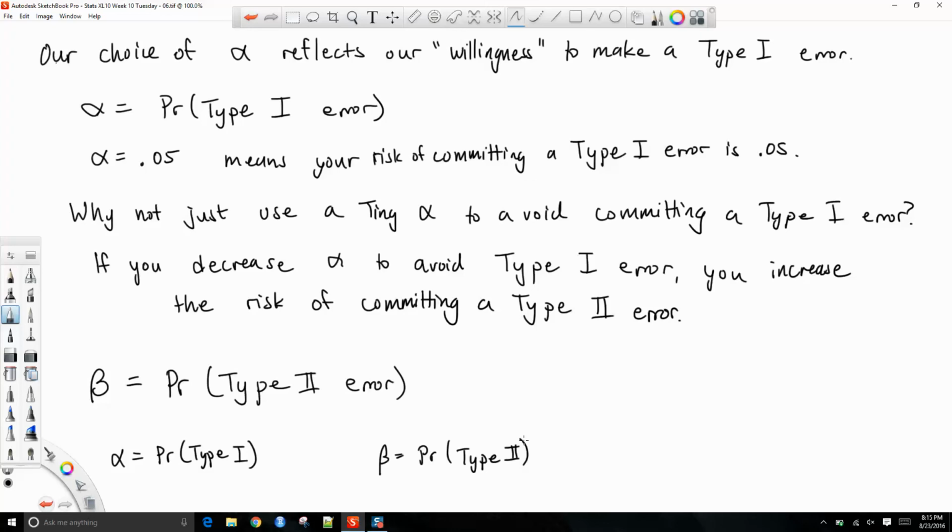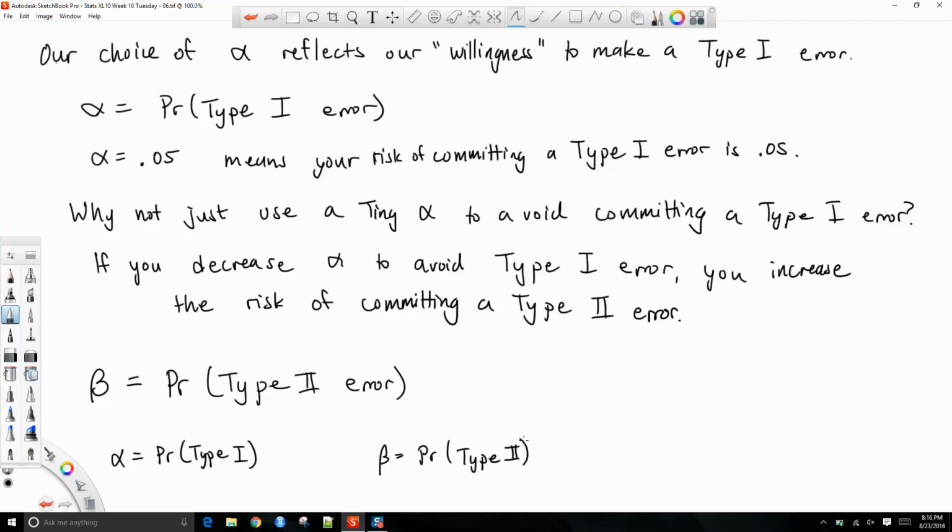Let me put this in a little more of a real context so we understand the implications of having a large alpha or small alpha. The default value that we use as alpha is 5%, but depending on the context, you may want a bigger alpha, or you may want a smaller alpha. So can I flip the page here?